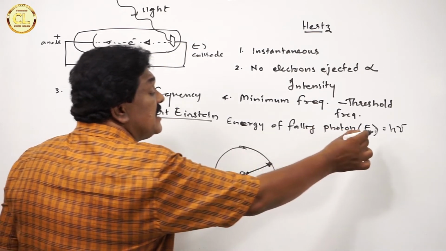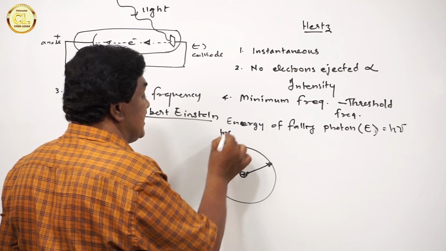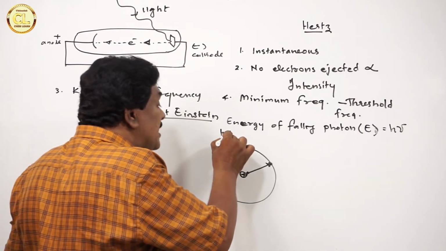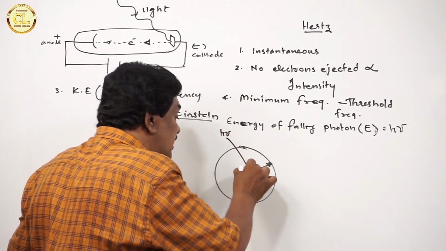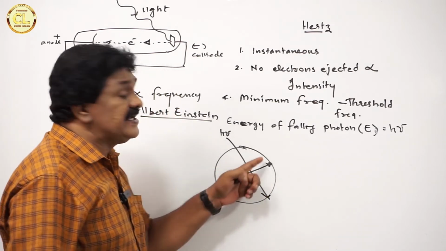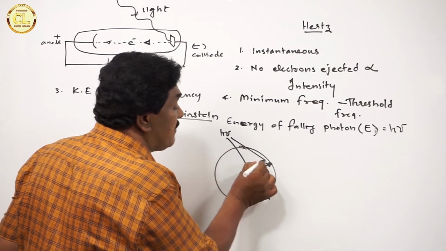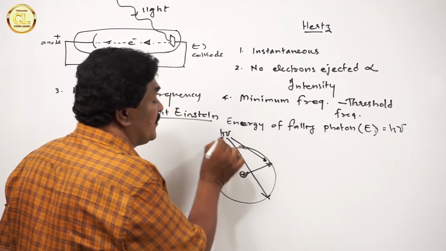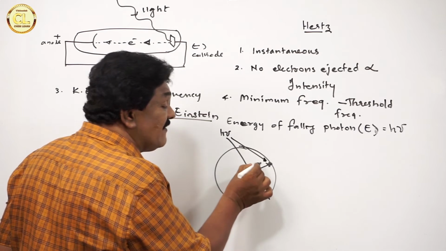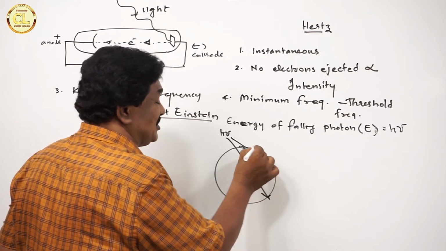One part of the energy of the falling photon, that is, falling photon has the energy h nu, is used to break the force of attraction between nucleus and the electrons, and the remaining part of the energy of the falling photon is given to the electron as kinetic energy.